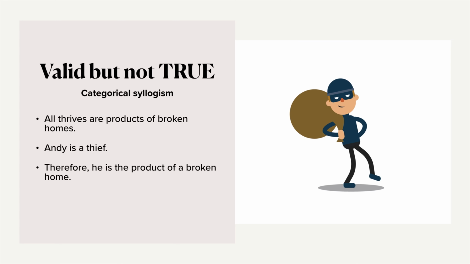For example, if we say all thieves are products of a broken home, Andy is a thief, therefore Andy is the product of a broken home, we cannot actually say conclusively that he is the product of a broken home. It may be logical, but it's not necessarily true.